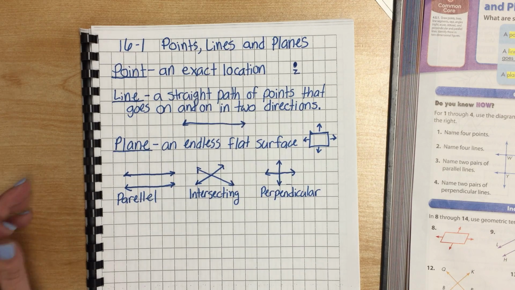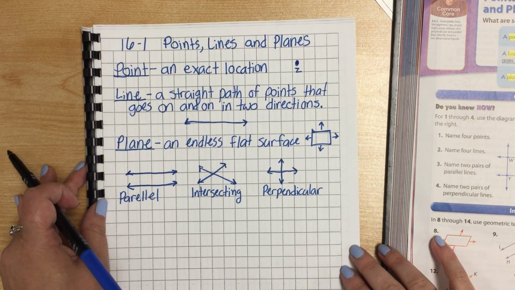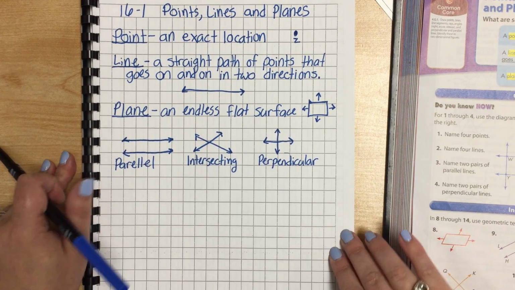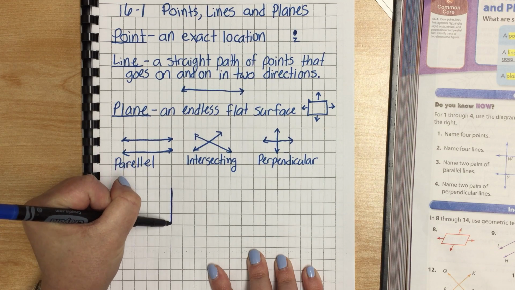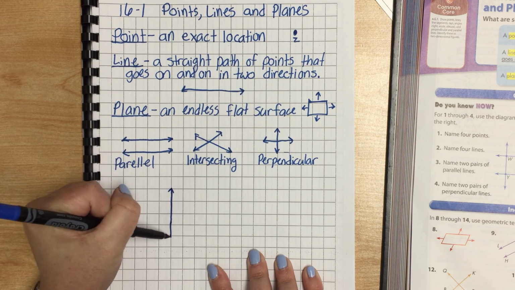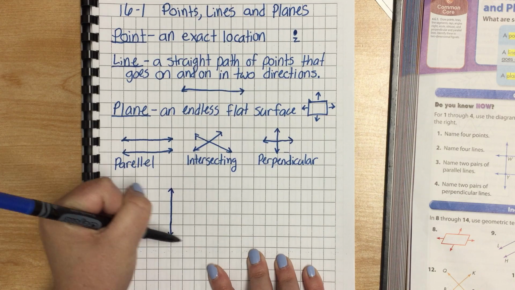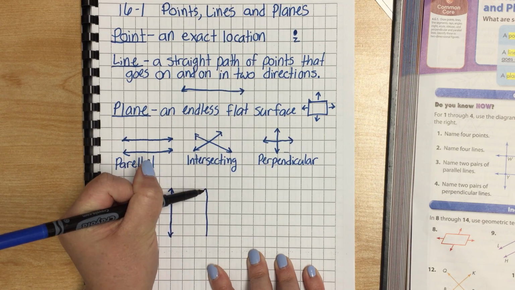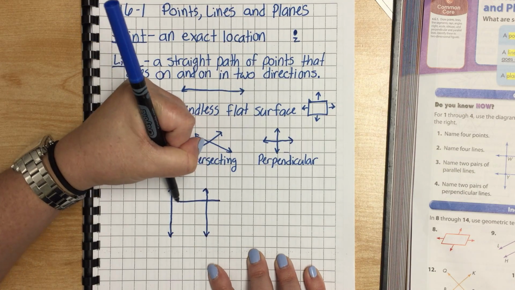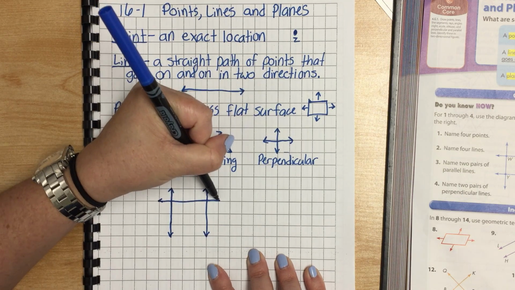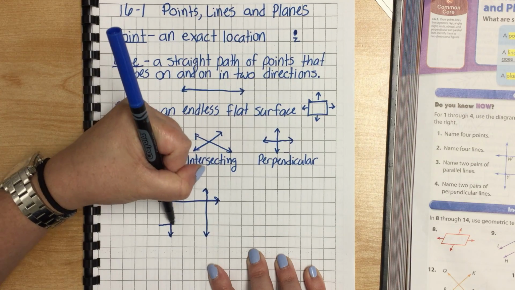So, I want everybody to draw this on their paper. Start and just do 4 squares. Hop over 3 squares and do another line that is 4 squares long. Make it cross the top. Make it cross the bottom.